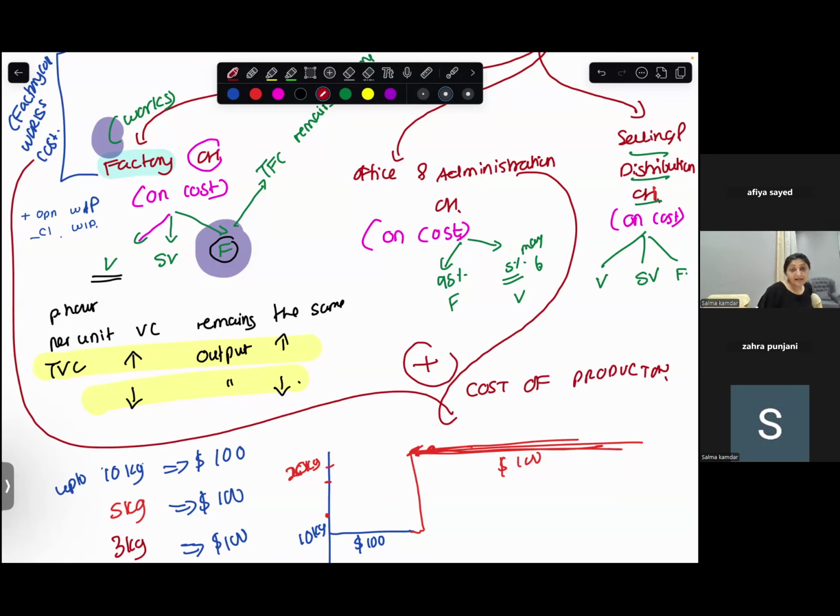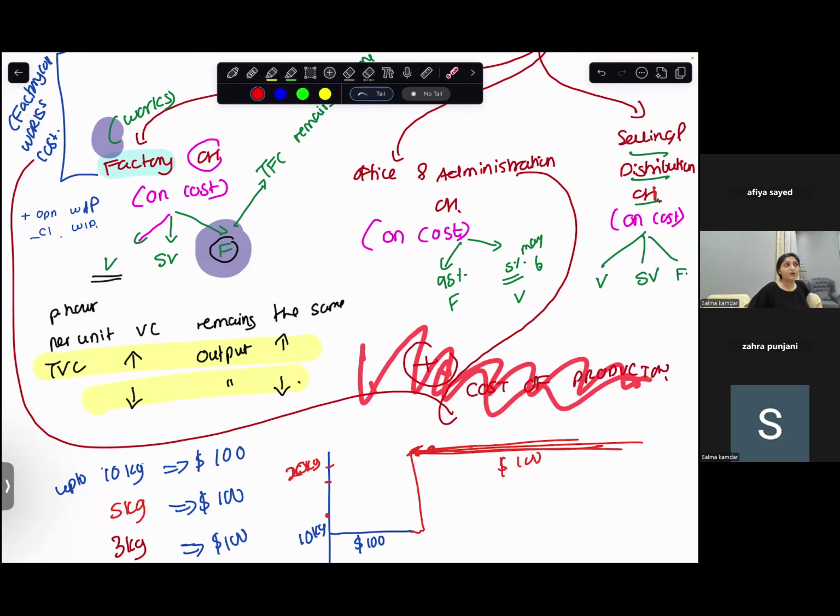But when they ask you cost sheet, they can also ask you to make a statement of sales and profit. So anything up till here is going to give you your cost of production. Now you have to add your statement of sales and profit.